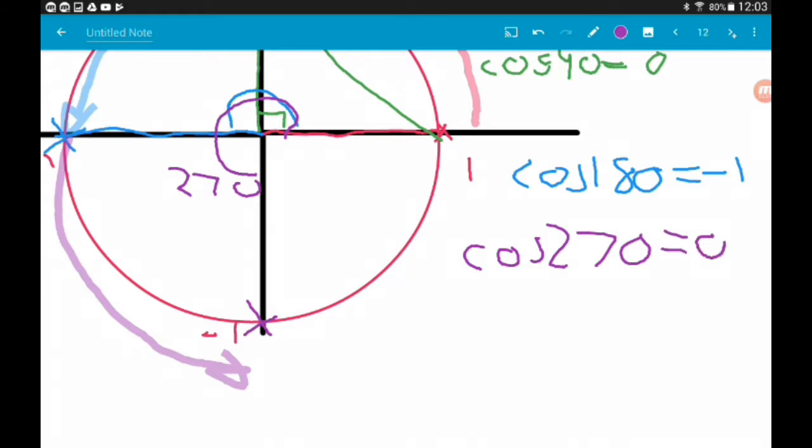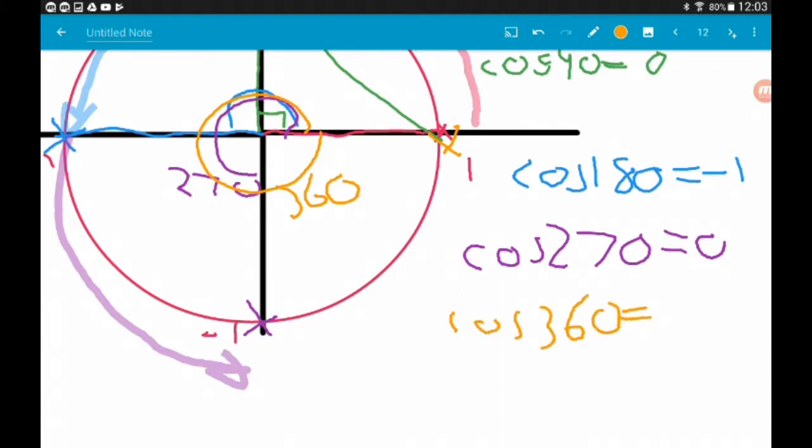And then if we do our last little trip around the circle, if we were to go the whole 360, that takes us back to this point. So cos 360 is again 1, because we are back now at being horizontally 1 to the right of the origin.